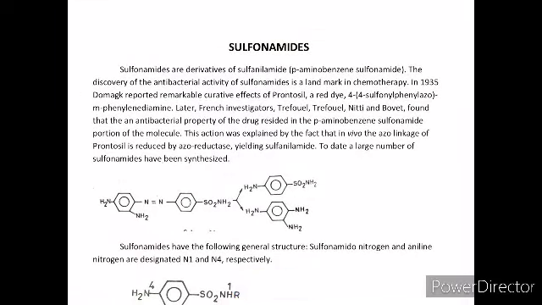Hello students, we will talk about sulfonamides. Now sulfonamides are the derivatives of sulfanilamide, that is a para-aminobenzene sulfonamide. The discovery was way back in 1935 where there was a dye which was shown to have some antibacterial property, that was prontosil.